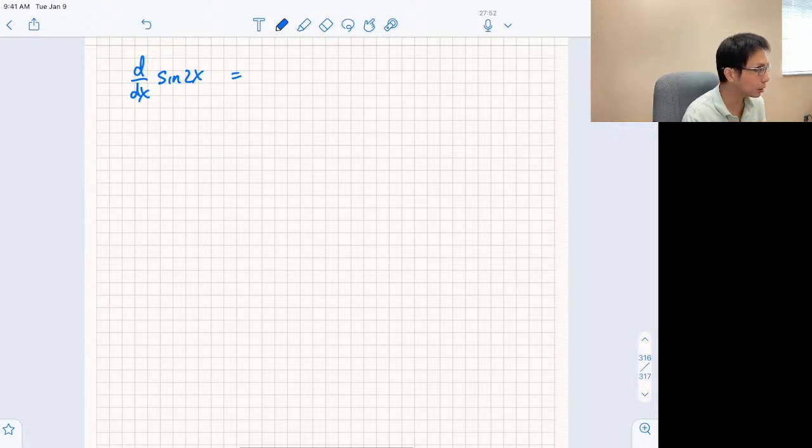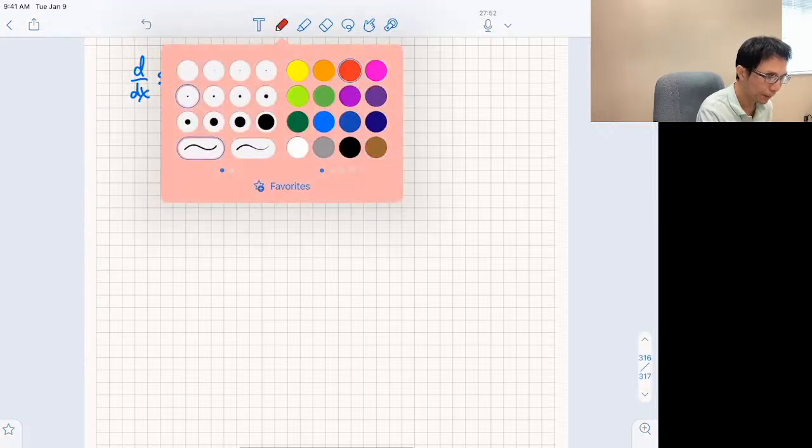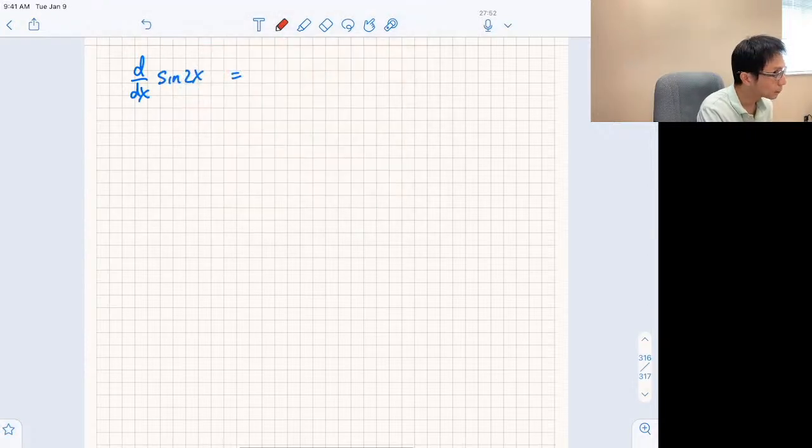Cosine 2x is wrong. Do we have to know one of the identities? No, you don't have to know identity at all. No, sorry, just cosine. You have to take out cosine x squared? No, cosine 2. Is it right?